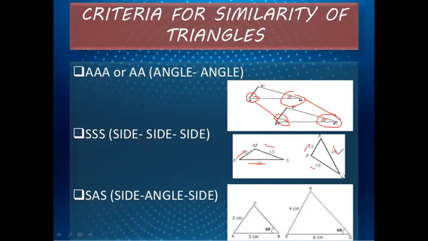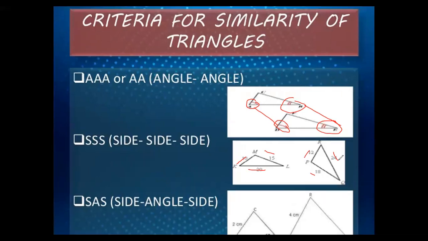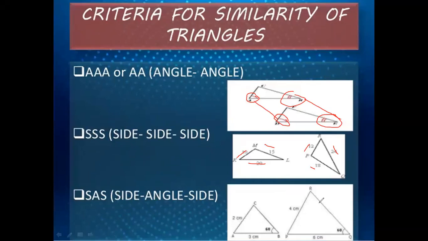Okay. Next is SAS. This is another test so that we can say that the two triangles are similar. Side, angle, side. So in this topic, we consider one side plus angle plus the other side.